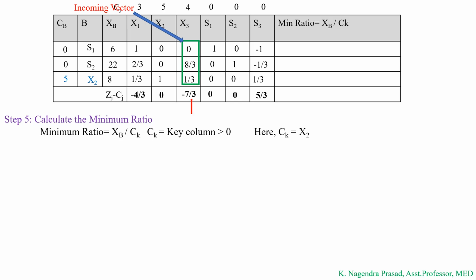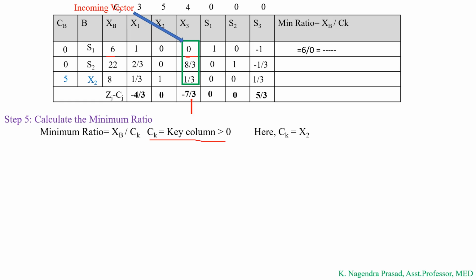Next we calculate the minimum ratio of xb divided by ck value. First we calculate xb divided by ck for the first row, that is the S1 row. For the S1 row, xb value is 6 and ck value is 0. Here we have to remember ck value should always be greater than 0.